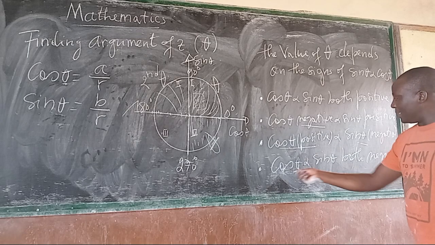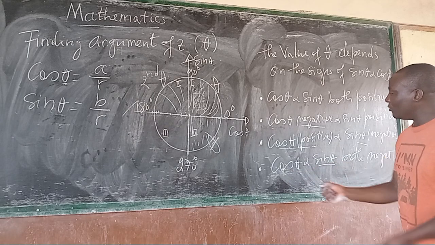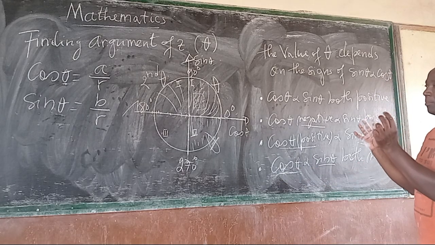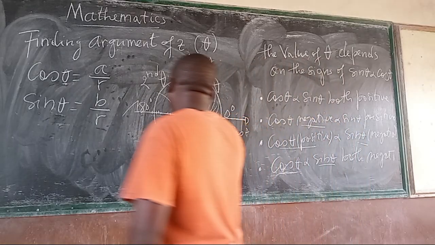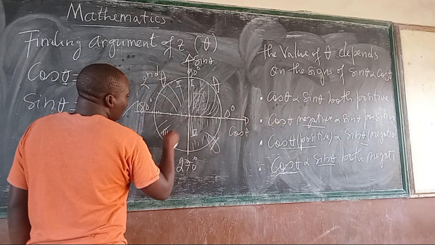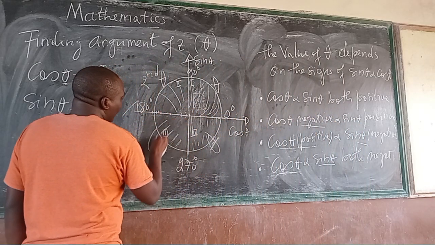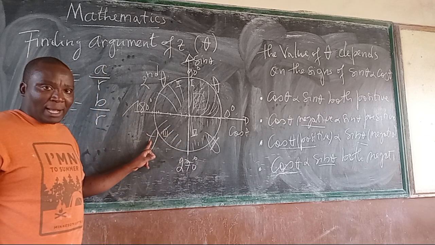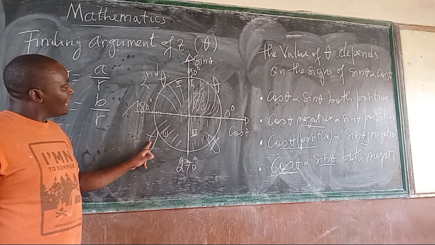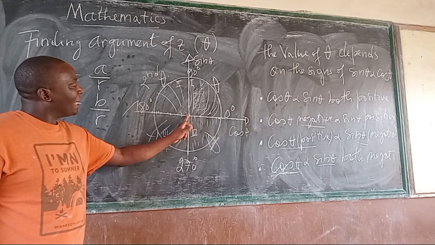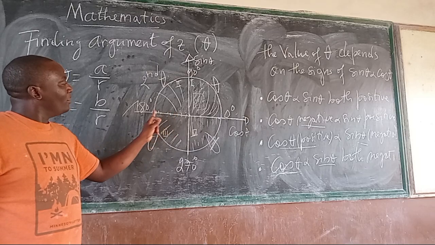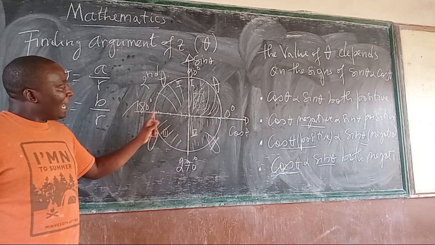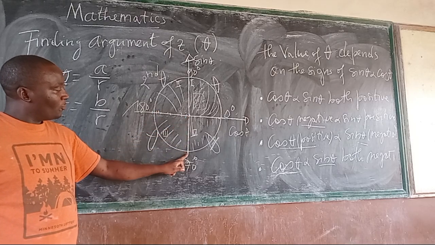If sine of an angle theta and cosine of that angle theta are both negative, it means your angle, your argument, should always be located in quadrant number 3, the third quadrant. Because in the third quadrant, we are in negative values of cosine and again negative values of sine.